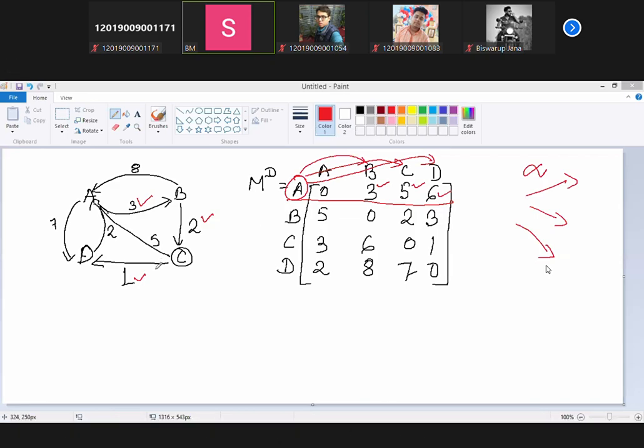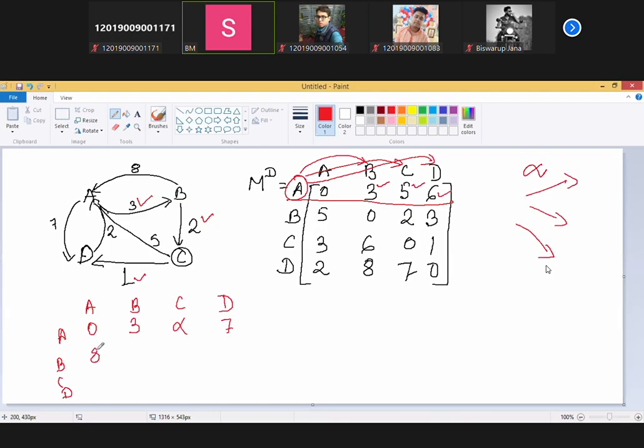Anyway, in the first matrix, before you start, you need to take the original matrix, which is A, B, C, D, A, B, C, D. The original matrix is 0, 3, 7.